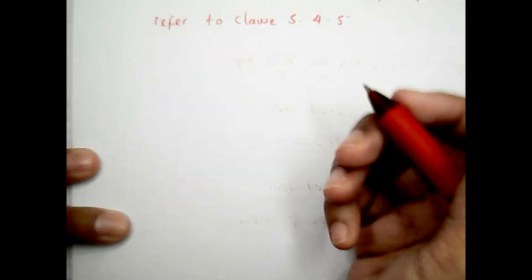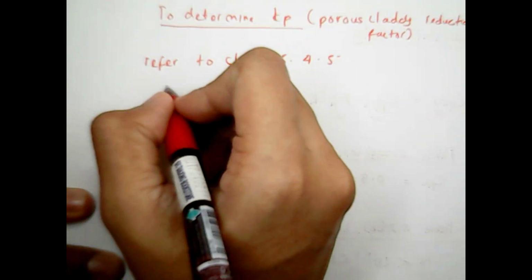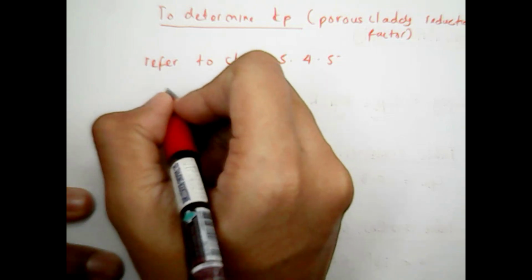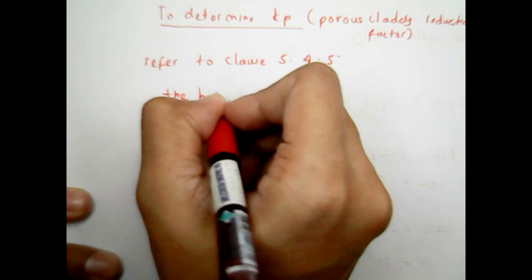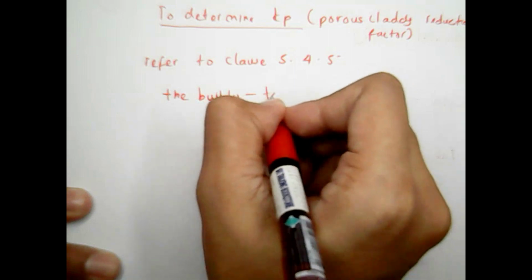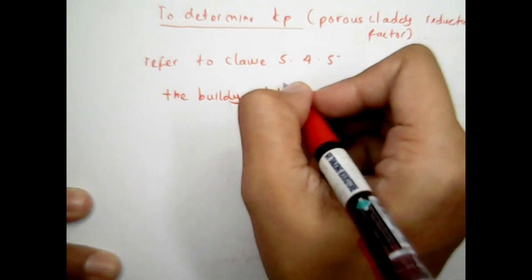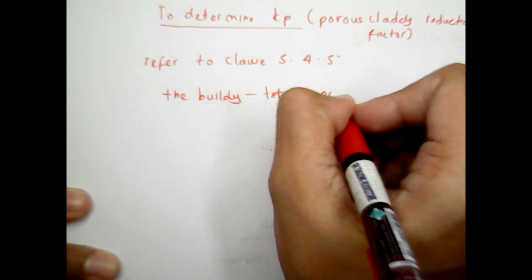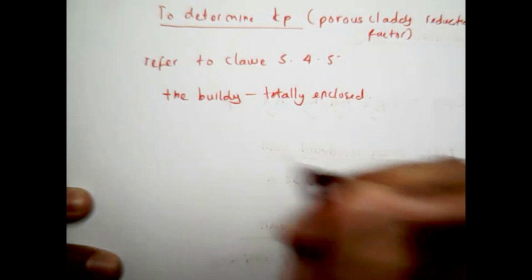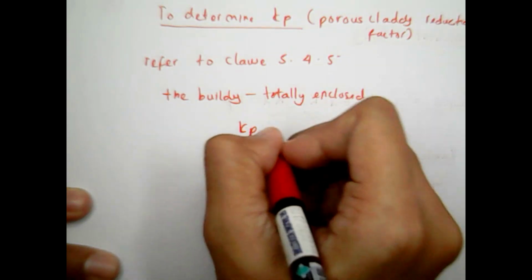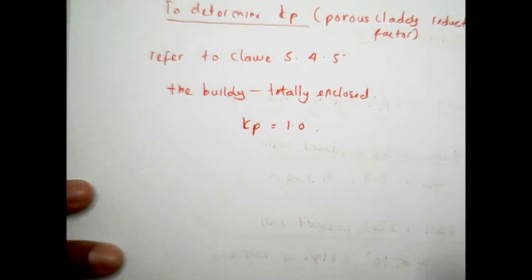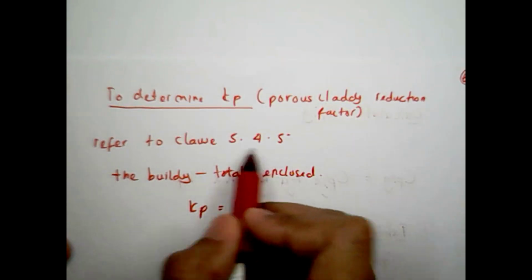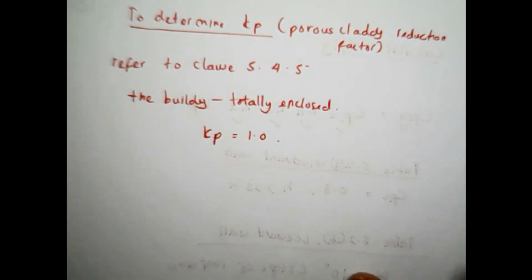Because our building is totally enclosed, therefore we take KP equals to 1.0. So you should refer to clause 5.4.5.